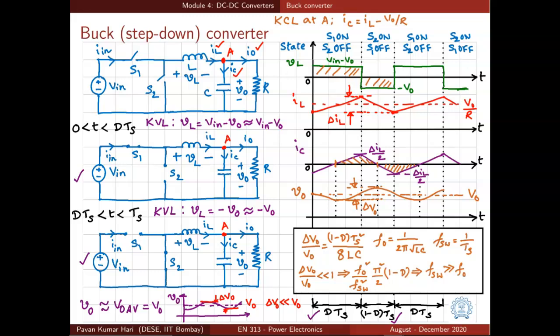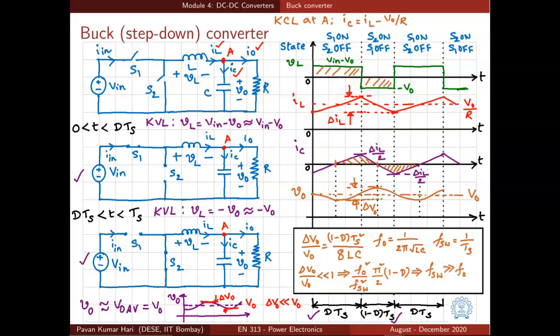Since 1 minus d is always less than 1 and pi square by 2 is close to 5, we can say that delta VO by VO being much less than 1, or the small ripple approximation of output voltage, is ensured by having a switching frequency FSW which is much larger than the resonant frequency of this LC, which is FO here.